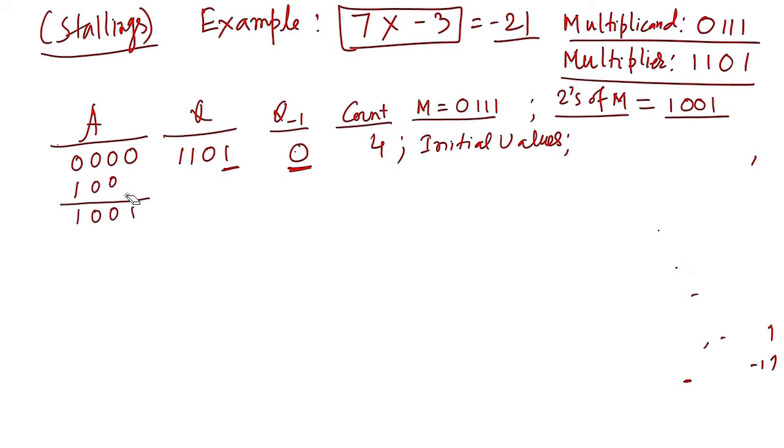So, it is not looking good. So, therefore, what do we do? We can write 1 0 0 1, 1 1 0 1, this is 0, this is 4, and the operation we just performed is A = A minus M. Then what next? If you remember, after the operation we do the arithmetic right shift and then reduce the counter.